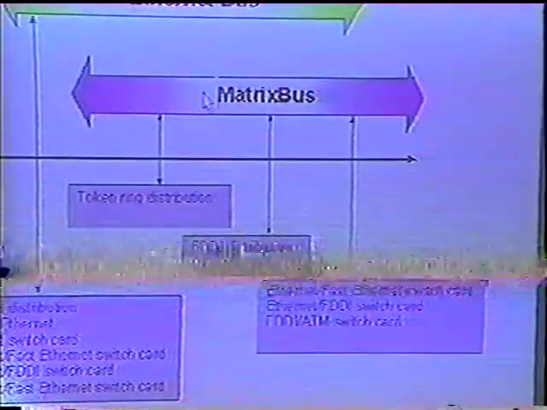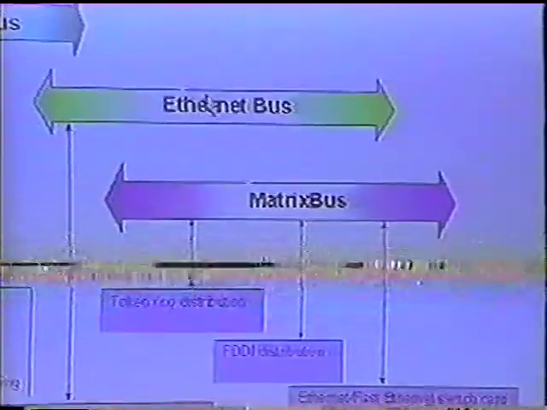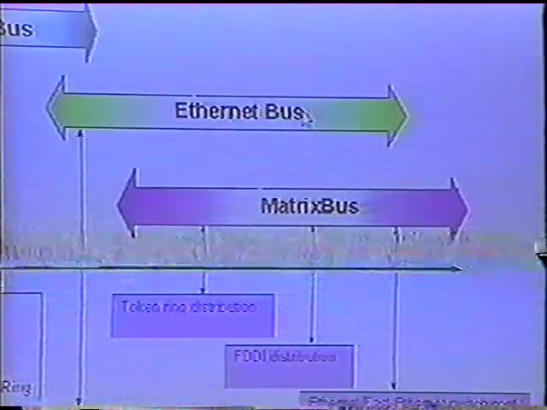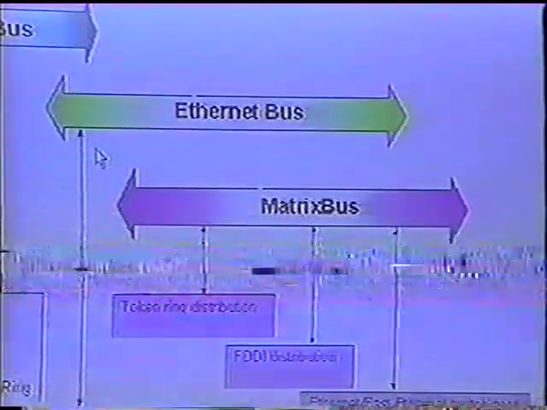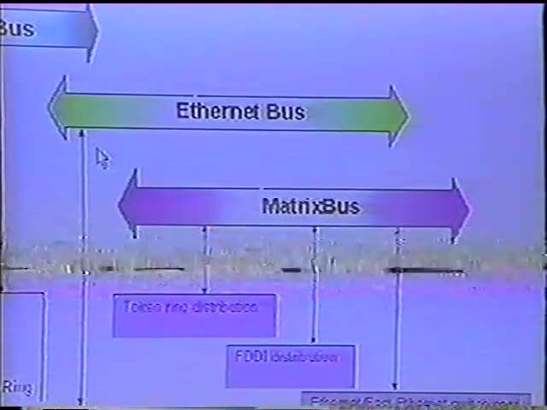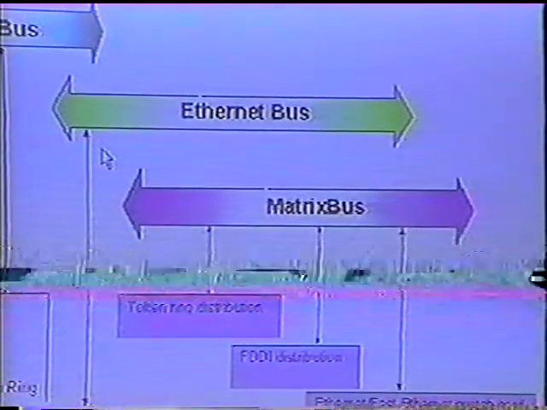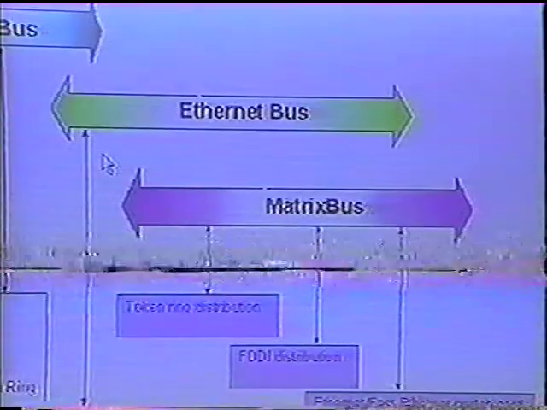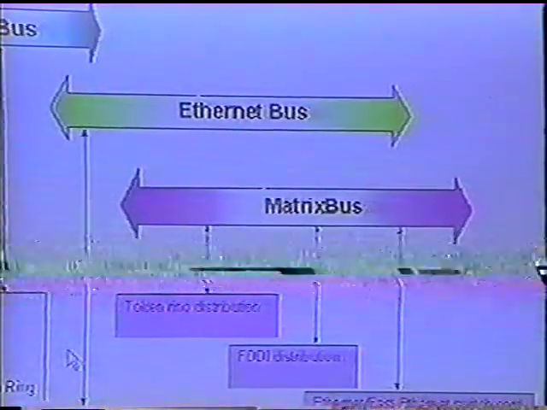Besides the matrix bus, we have an additional bus called the Ethernet buses. We have up to 8 10-base Ethernet buses, and they are mainly for the Ethernet distribution cards. When I say Ethernet distribution cards, I mean the Ethernet repeater cards.